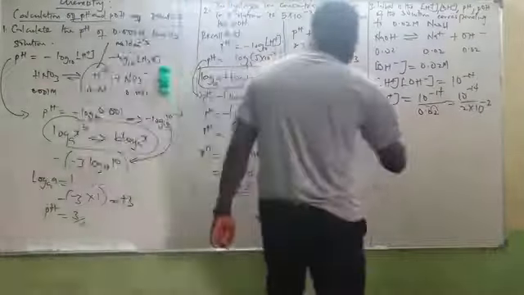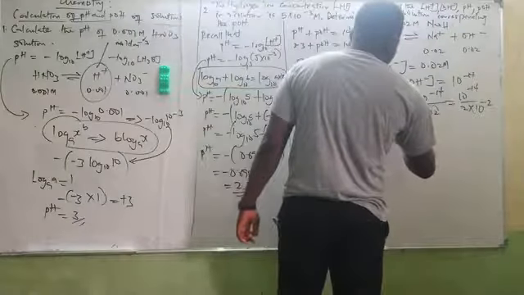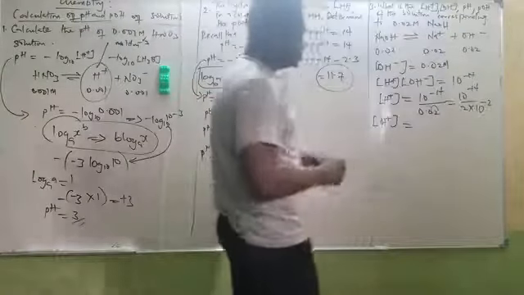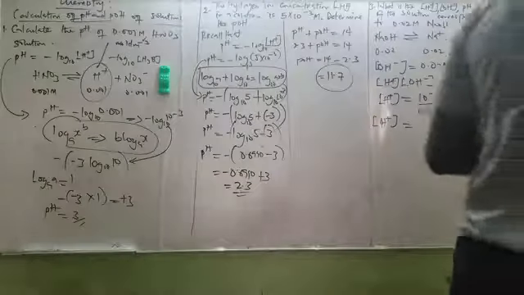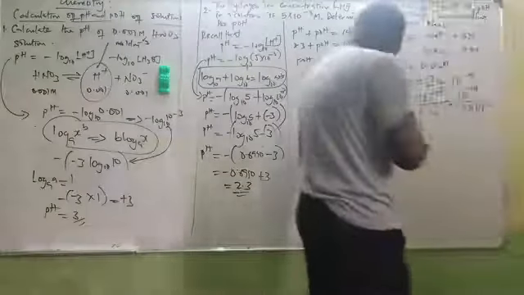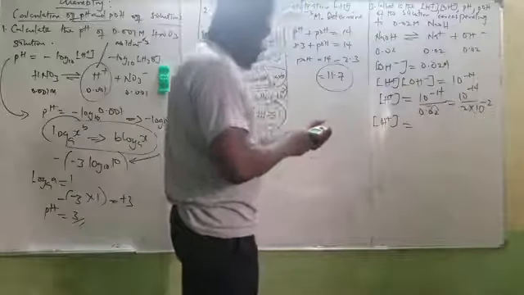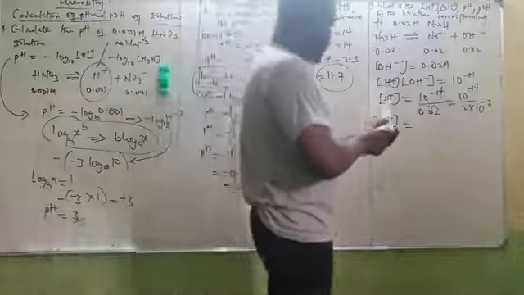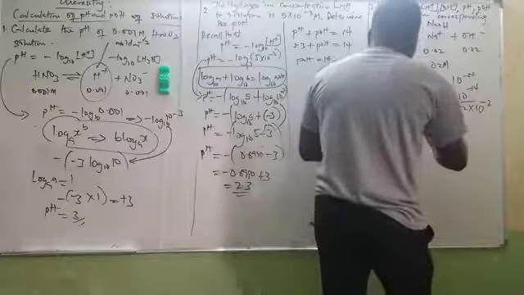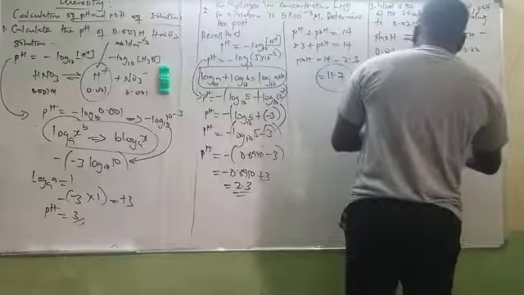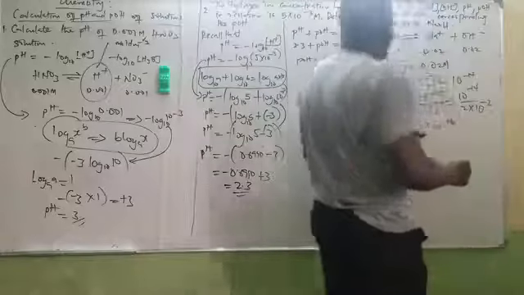So this means that I have my H+ to be equal to, let me do that on the calculator, 10 to the minus 14 divided by 0.02. Okay, so this is equal to 5 times 10 raised to power minus 13.